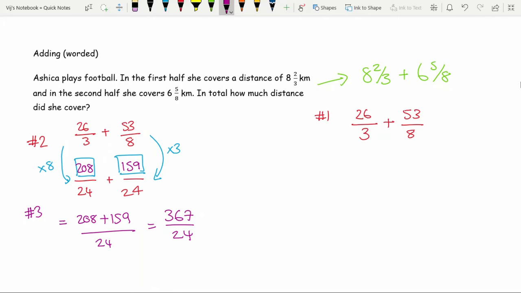So then what we need to do is convert this into a mixed number. I ask myself how many 24s go into 367. That equals 15, the remainder is 7, and I'm dividing by 24. So there is our final answer. And again, not forgetting the units.